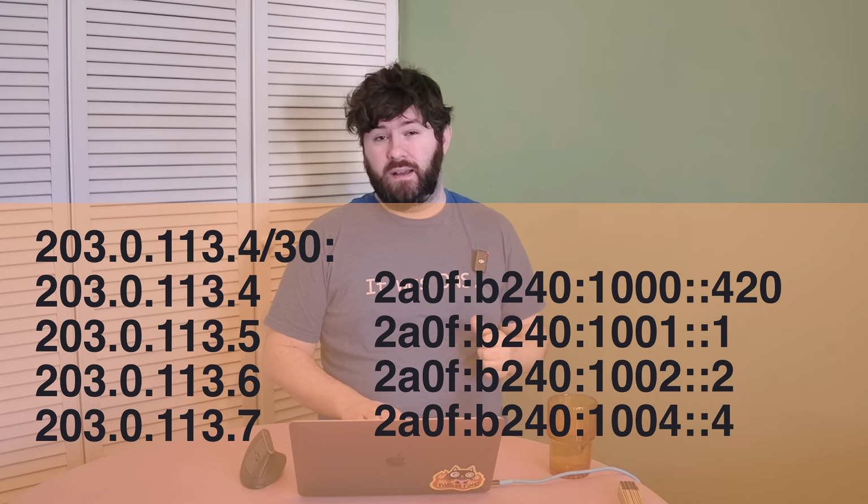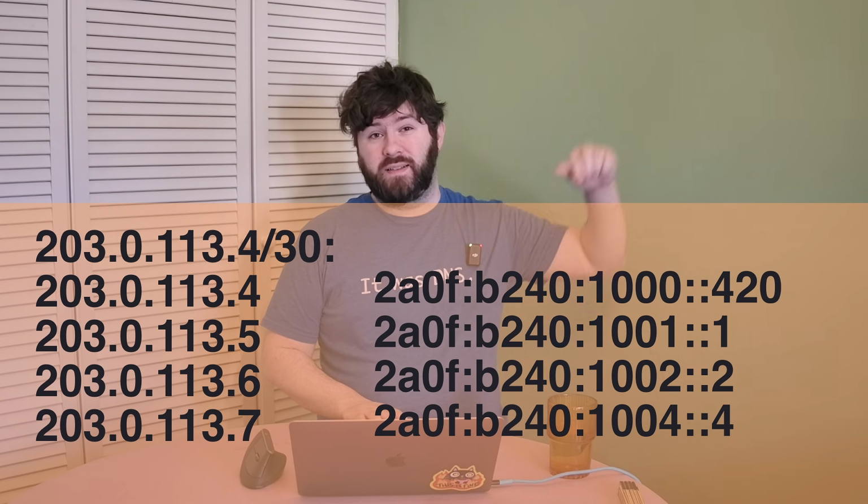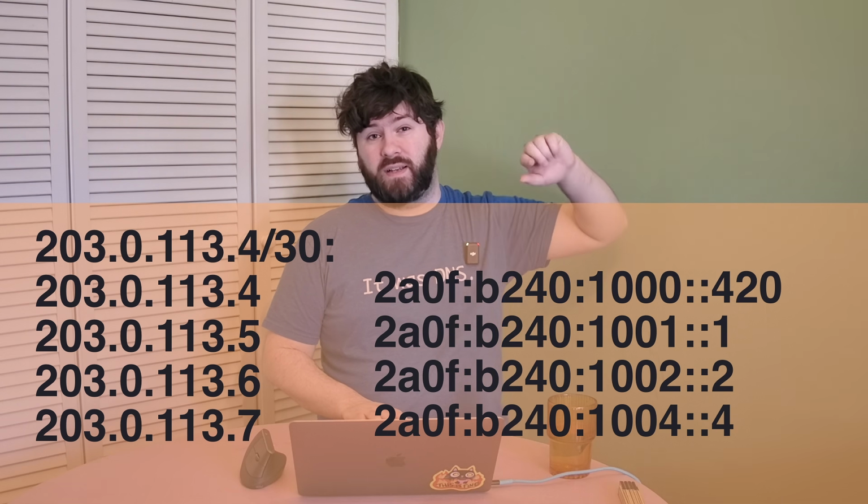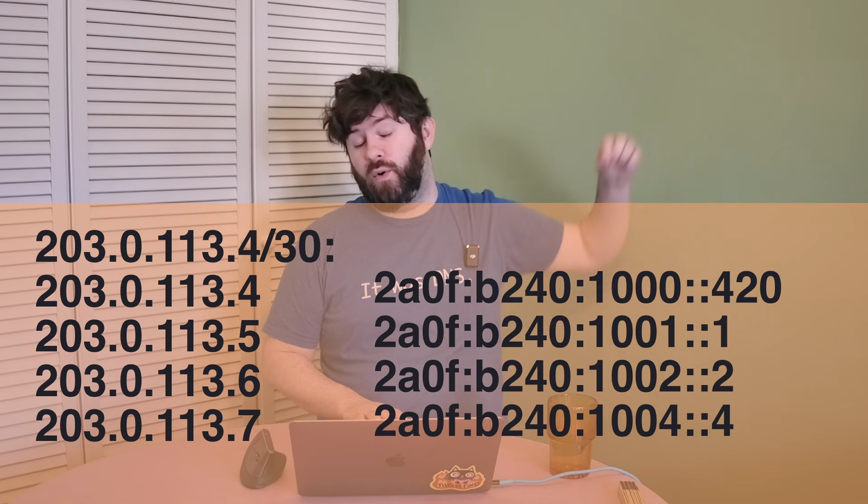So if a request comes in like 203.113.5, we know that translates to a very specific IPv6 address of a specific server the request goes on through. And so we can have a whole bunch of v6 servers, and when they need to talk to and from the internet, they each have a specific v4 address they egress through. And so this architecture also works very well.